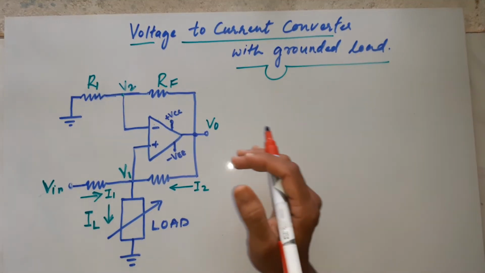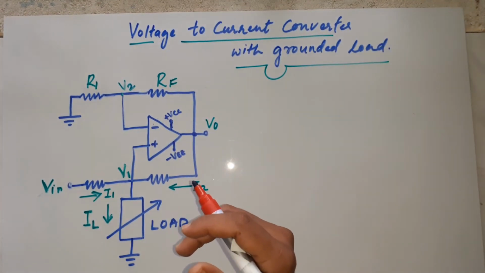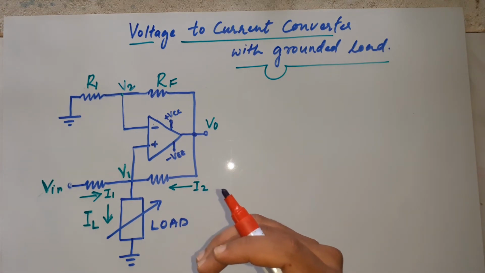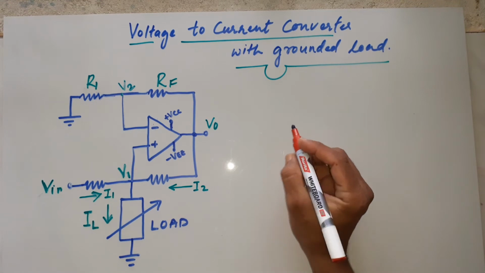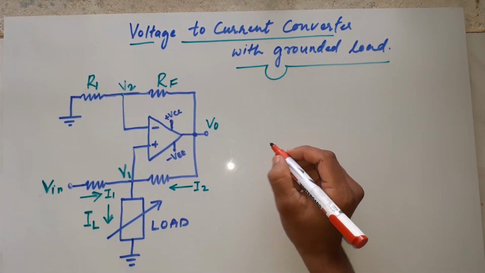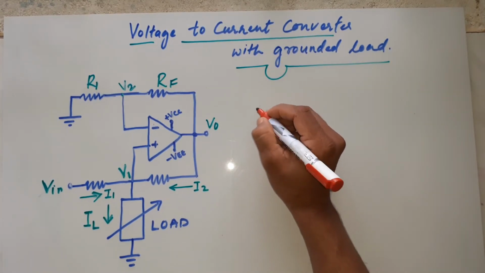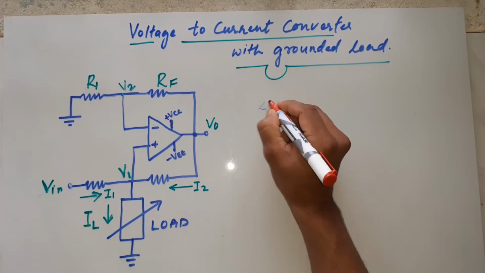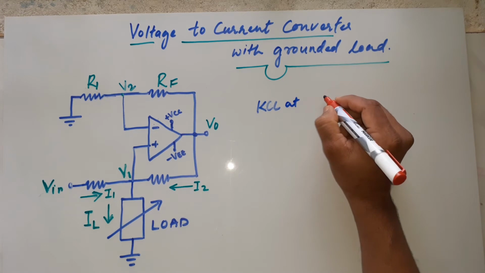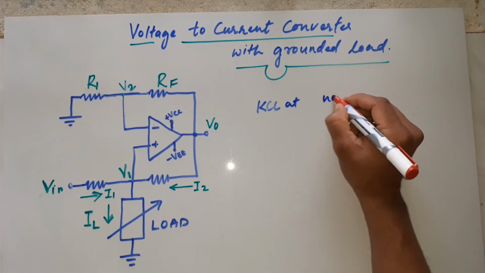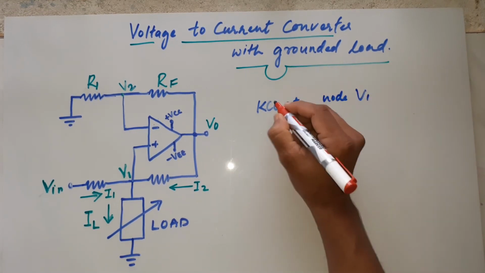So the final equations will tell you how voltage is getting converted into current. All right. So let us start by writing KCL at node V1.